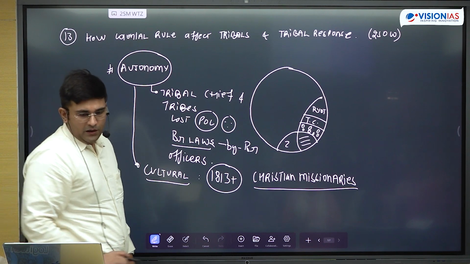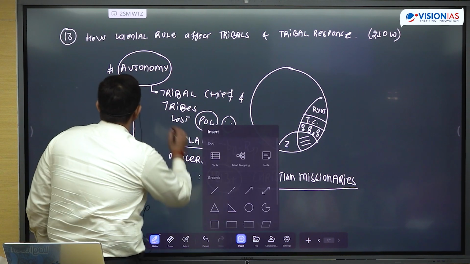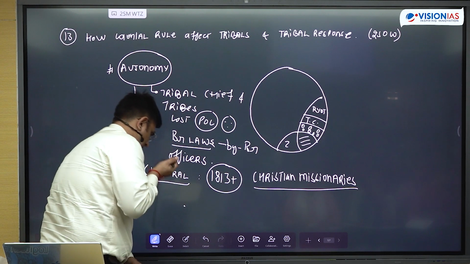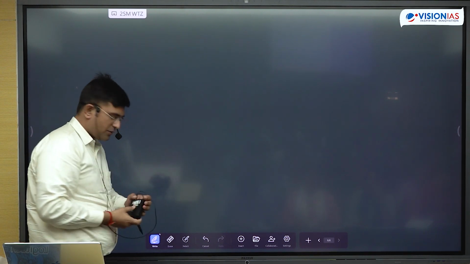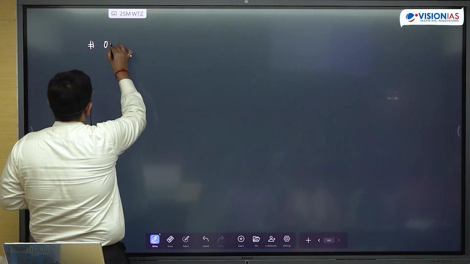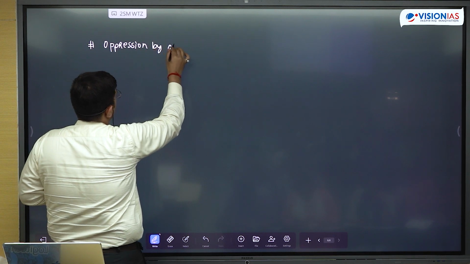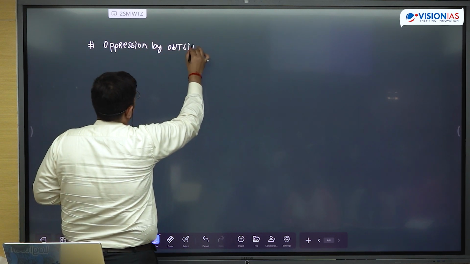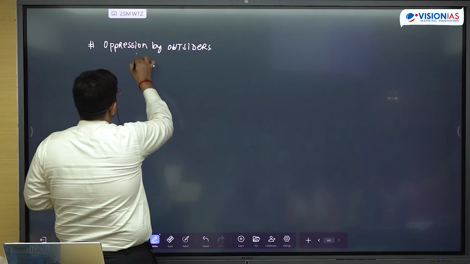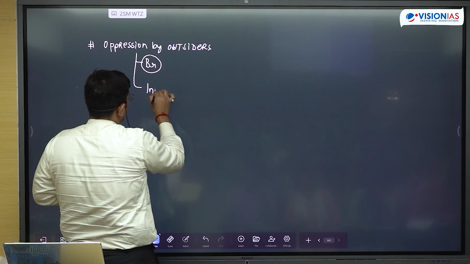Right? The next point that you can mention is that there was oppression by outsiders. And outsiders were of two kinds, British and Indian.